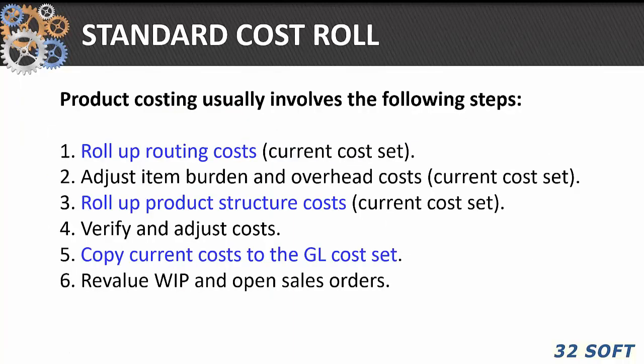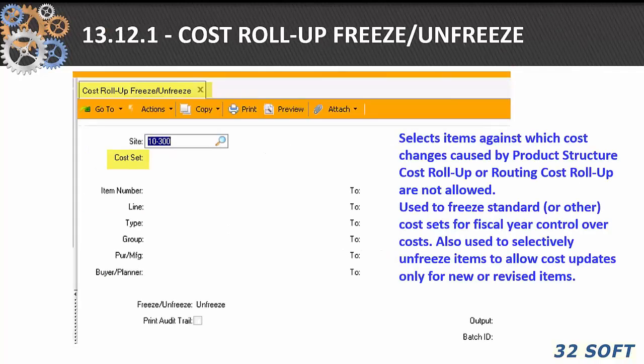There is the product cost roll-up, which basically takes your routing roll-ups, your product structure roll-ups, rolls that up, and then you can copy that from your current or any of your simulated cost sets, which we'll talk about, into that GL cost set.